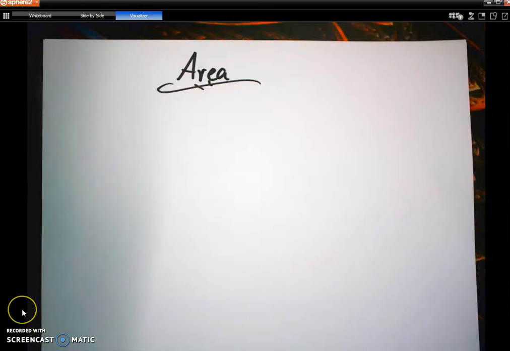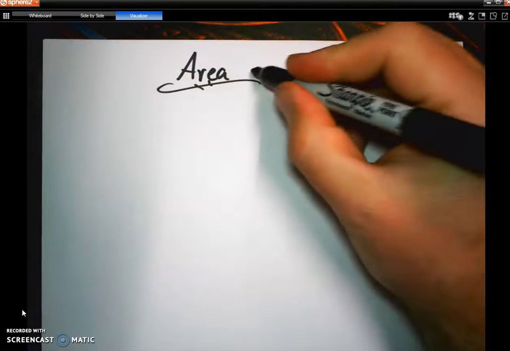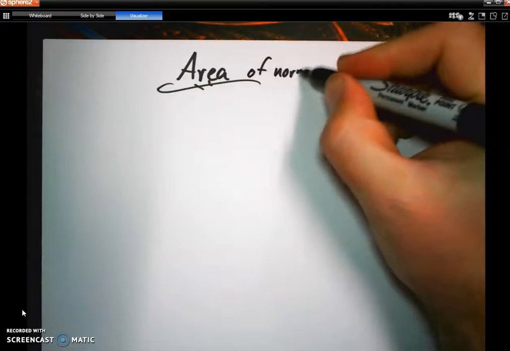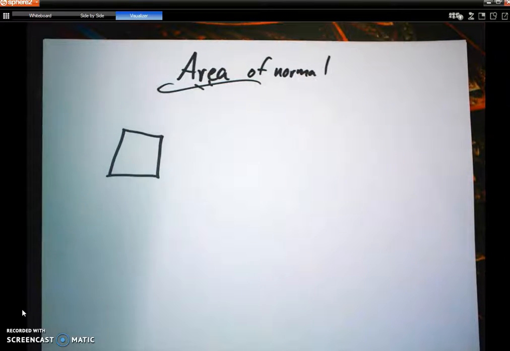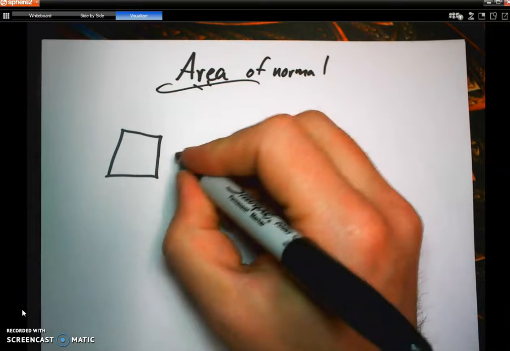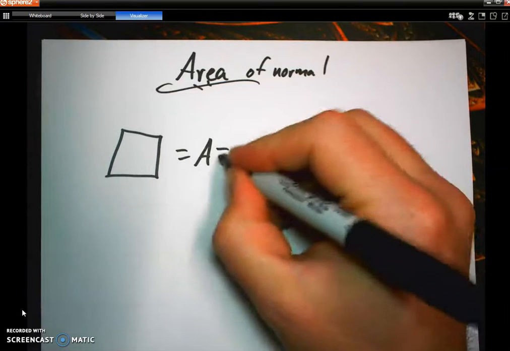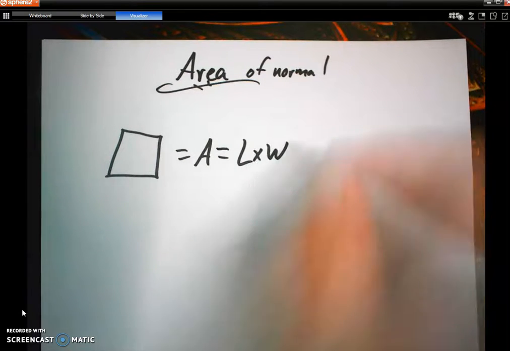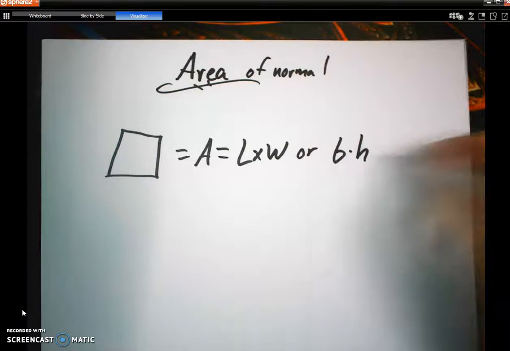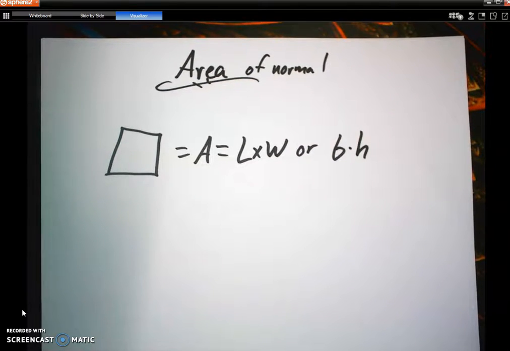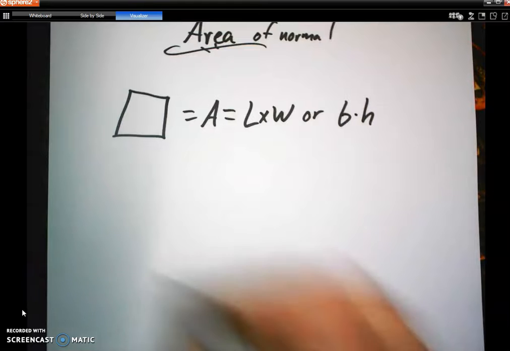In order to understand area of compound shapes, we first need to understand area of normal shapes, the normal everyday shapes, like the square or the rectangle. That is a terribly drawn rectangle, but we're going to go with it. To find the area of this, you go length times width, or the base times the height. Either way, that tells you the total area of that shape.